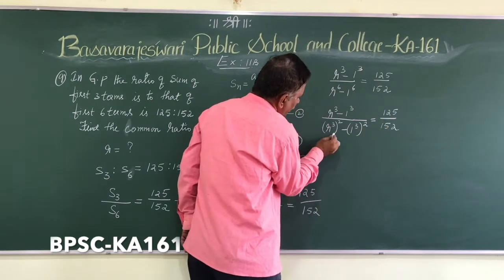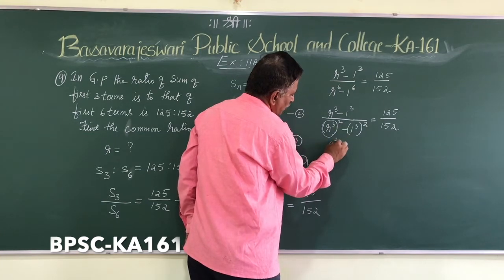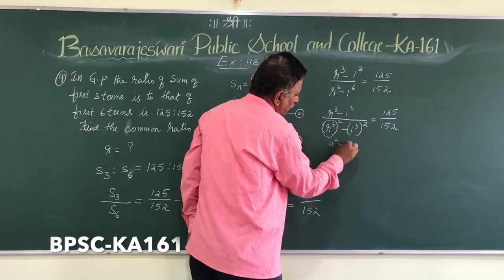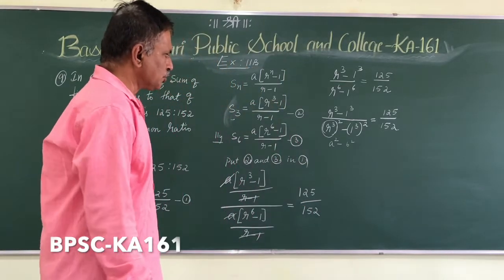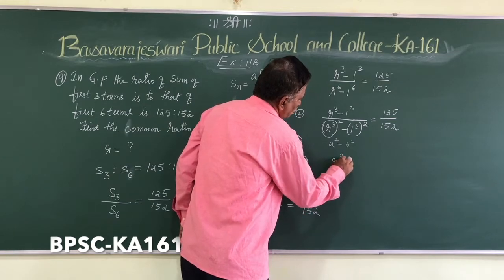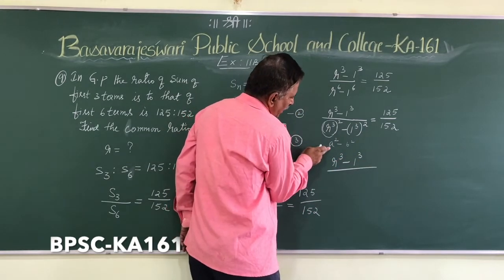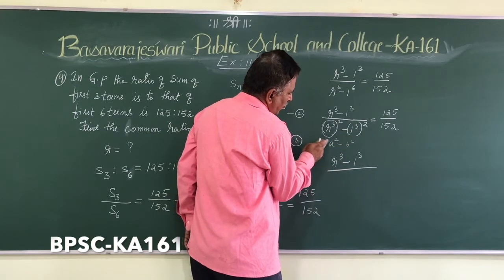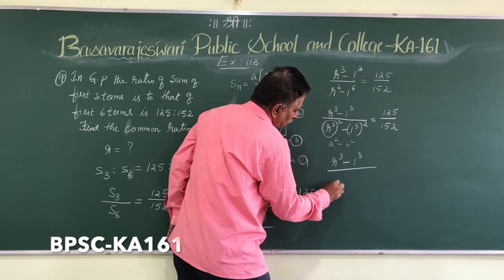Now if I consider R cube as A, it will become A square, and if I take 1 cube as B, it will become B square. That means the denominator is the A square minus B square formula. What is the A square minus B square formula?